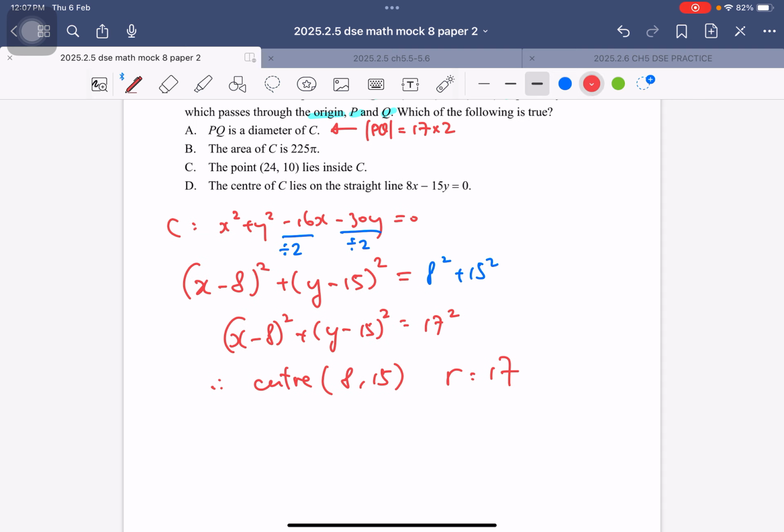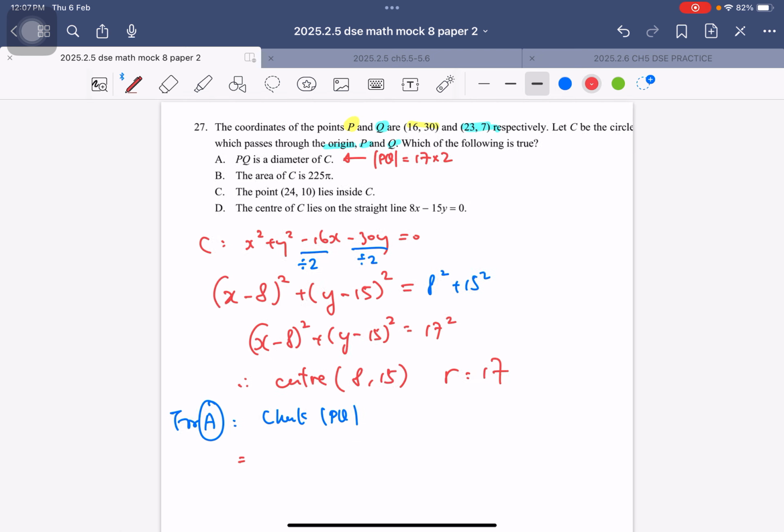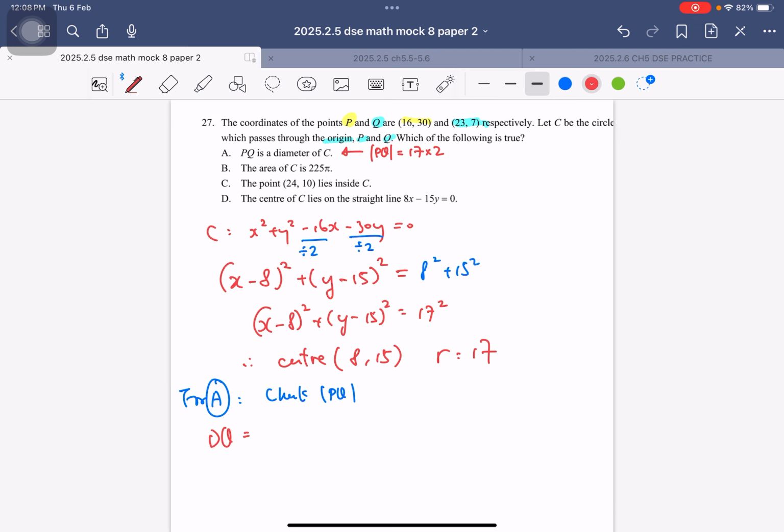So for A, we need to check the length of PQ. How do we check the length of PQ? Distance formula. So PQ is equal to the square root of 16 minus 23 squared plus 30 minus 7 squared, giving you 24.04 something.